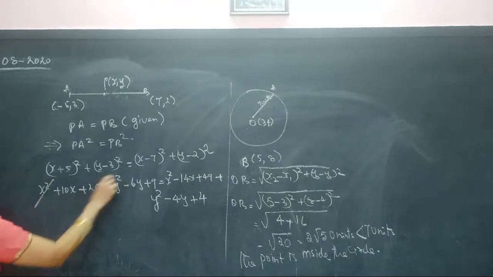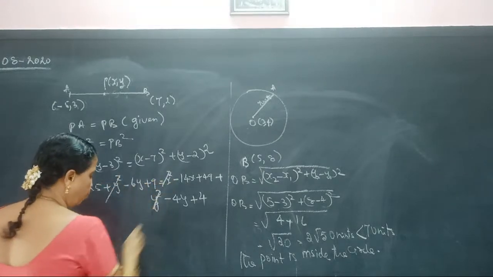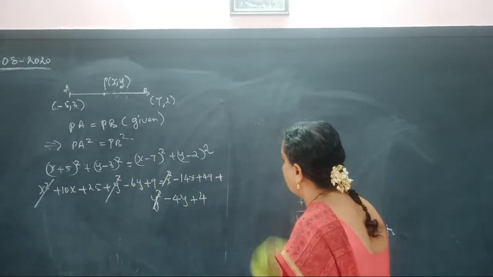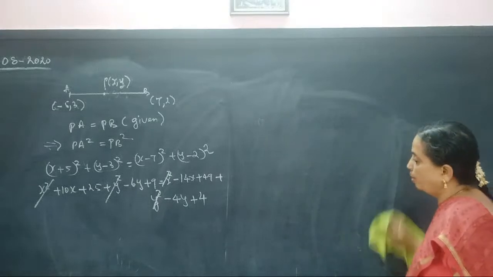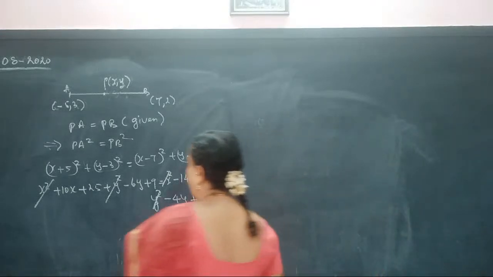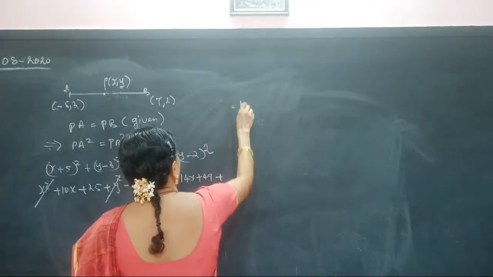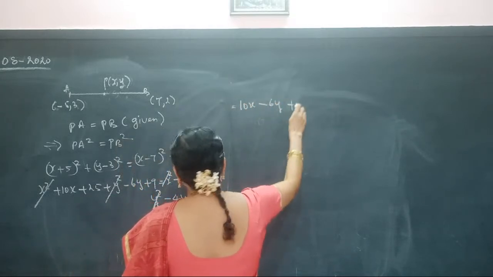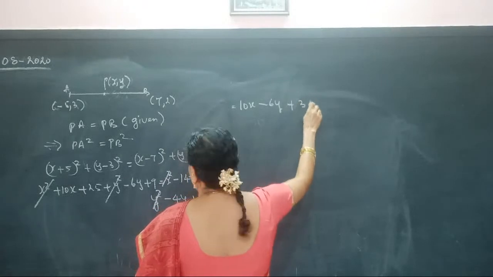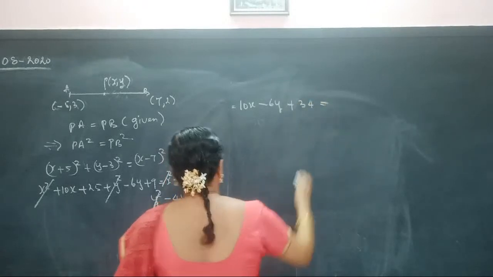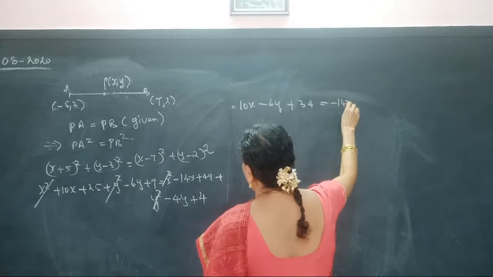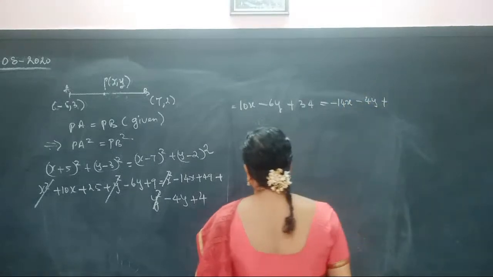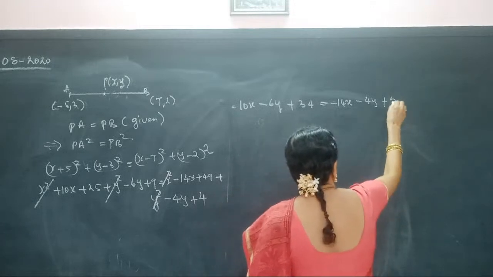Now cancel x square, y square from both sides and take the remaining x and y values with the numerical values. From LHS we have 10x minus 6y plus 34 equals minus 14x minus 4y plus 49 plus 4, that is 53.